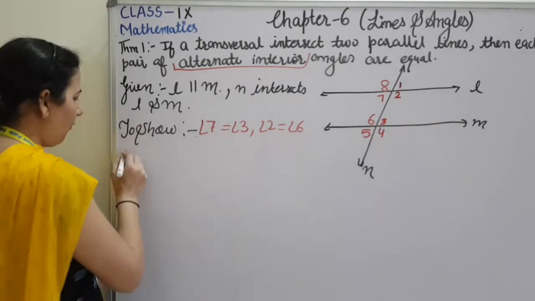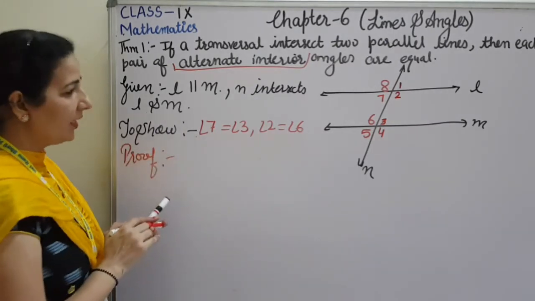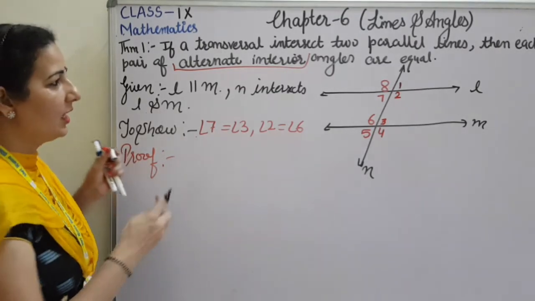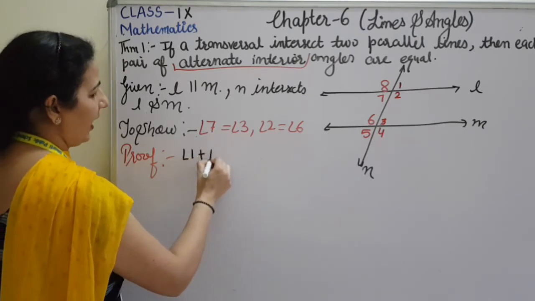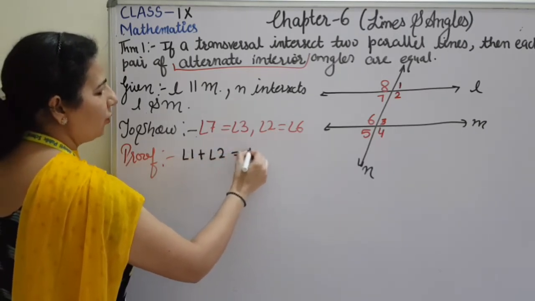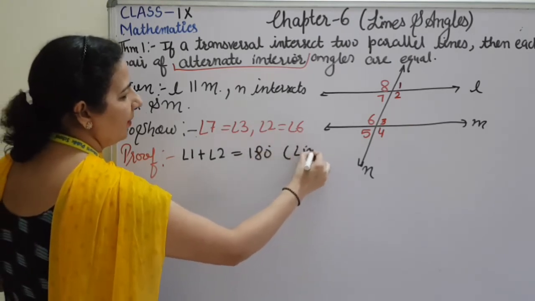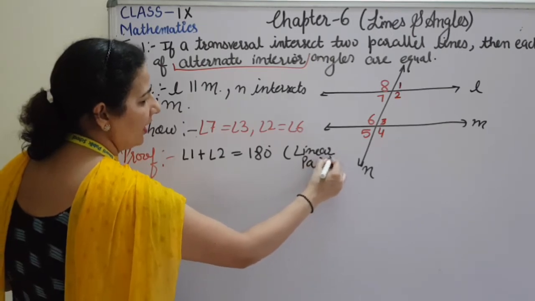Fine. So how will we start the proof? We will start the proof by using the other properties of these parallel lines. Here I have written angle 1 plus angle 2 is equal to 180 degrees.